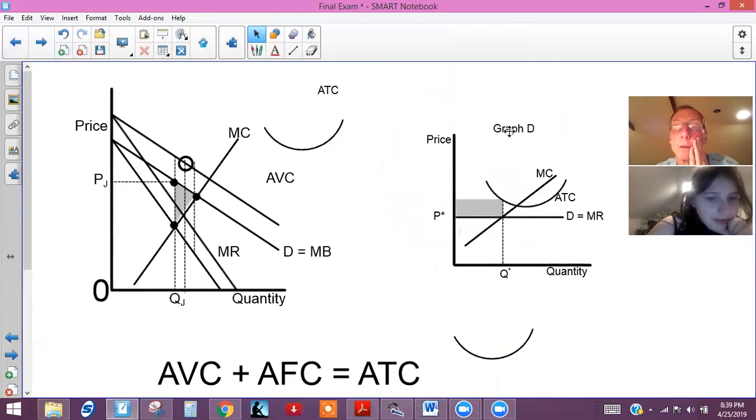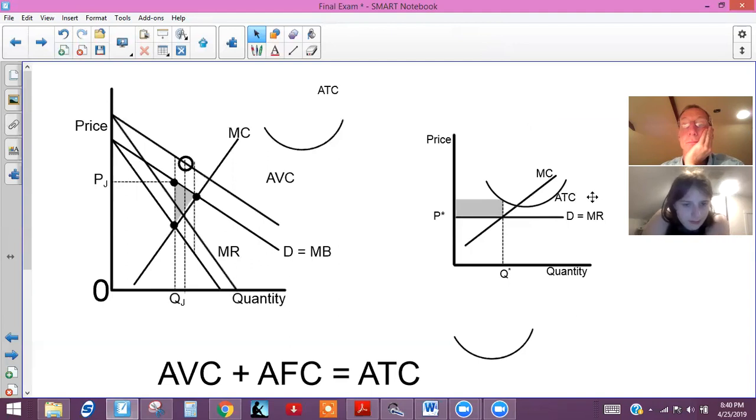The gray area is profits? Wait, don't tell. What's this? That's the average total cost. Is it above or below the price? Oh yeah, so they're producing at a loss.